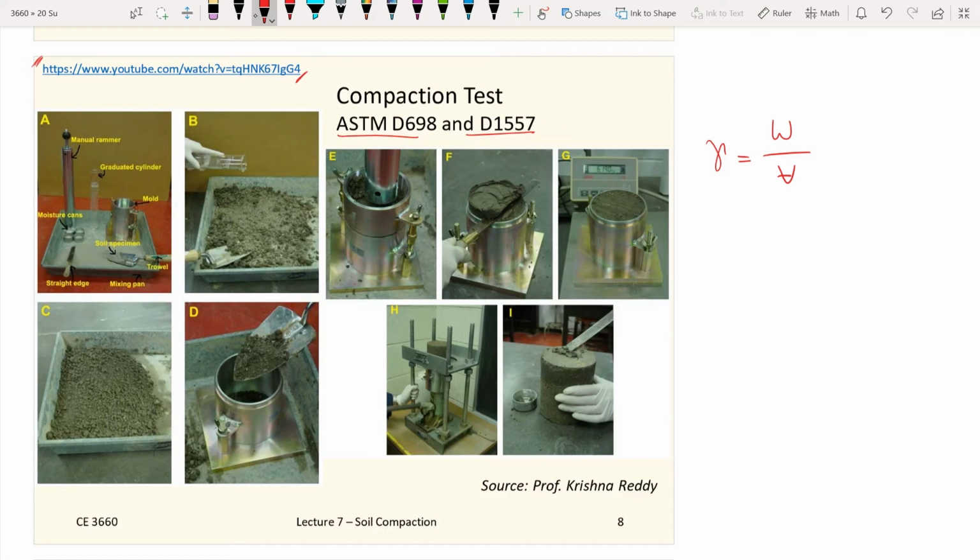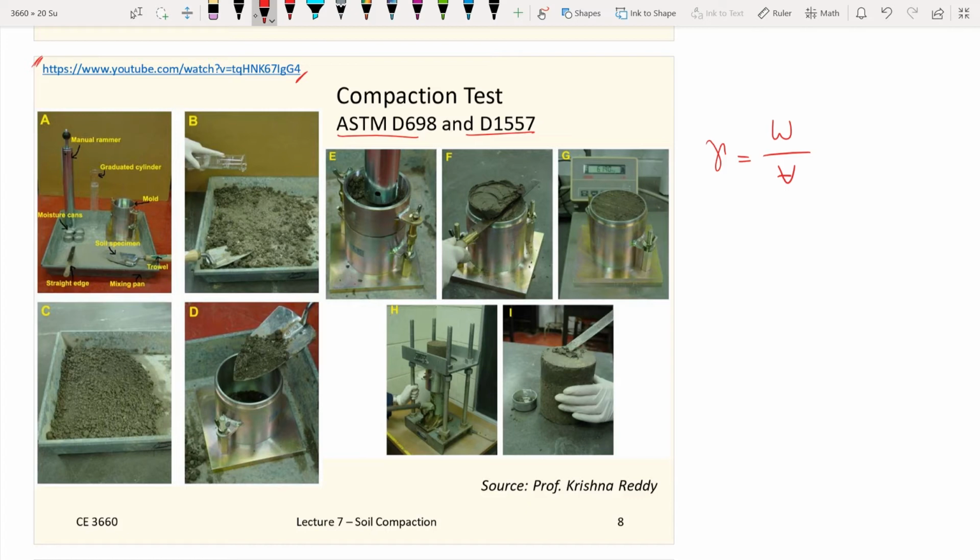Here is not the best time to talk about those tests in detail, because when you take the geotech lab class, hopefully we'll go back to the lab, and in the lab you will do hands-on work on those testing procedures. That's the best chance for you to not just see visually how the test is done, but actually work through it, and you will learn all the details about how to measure the maximum dry unit weight and water content.